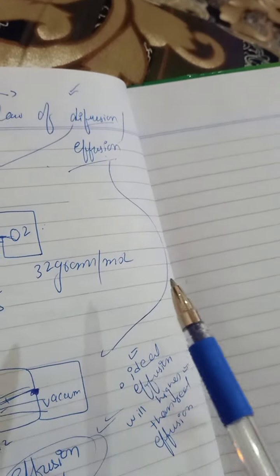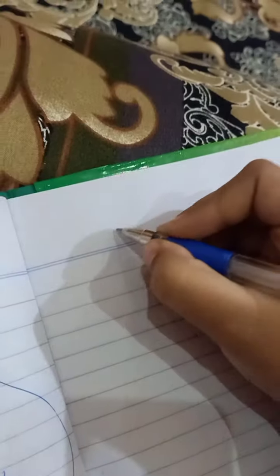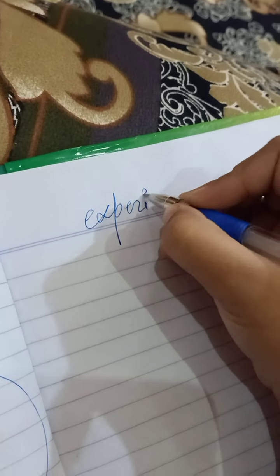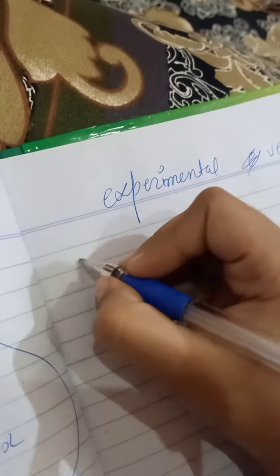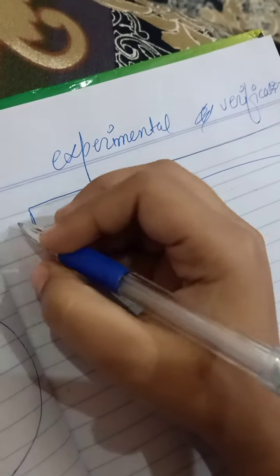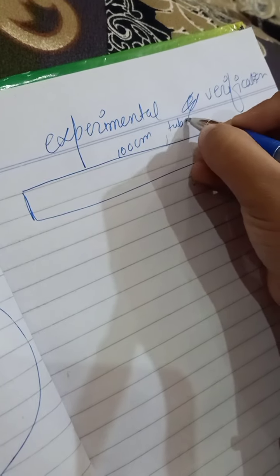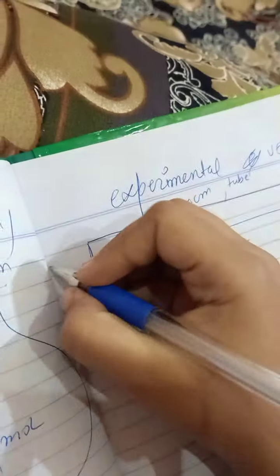Now let's verify whether these are true or not. This is the experimental verification. For example, I have a glass tube of about 100 centimeters. On one side I have hydrogen chloride, and on the other side ammonia.